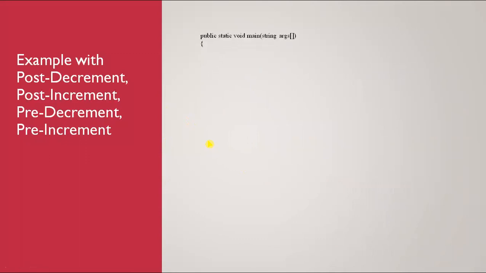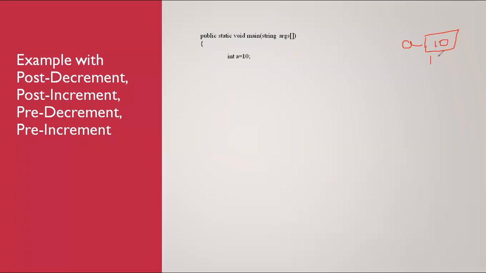So let's see, there is a public static void main, and inside that there is an integer variable a which has been declared, and the value is 10, right? As soon as the compiler sees this a, a memory of 4 bytes will be allocated for a, so the value will be 10.